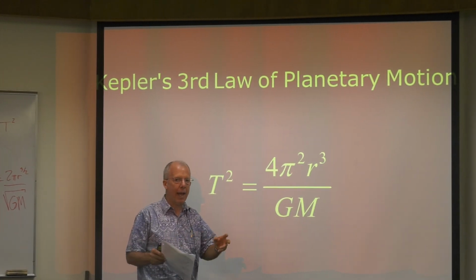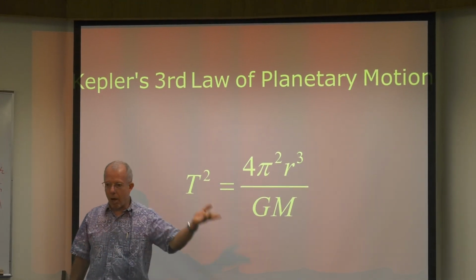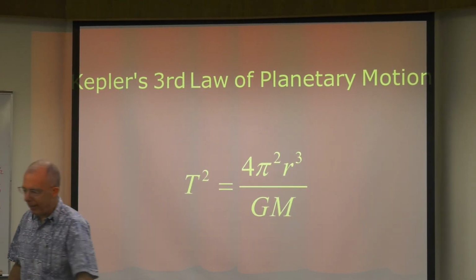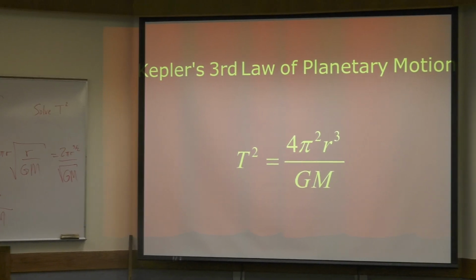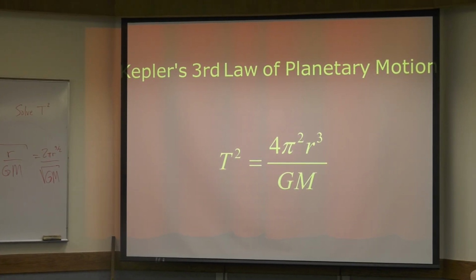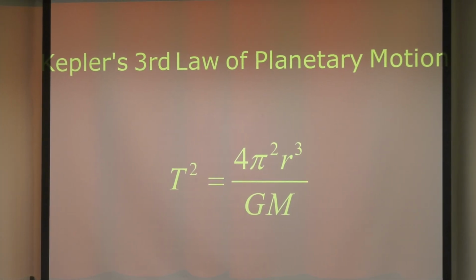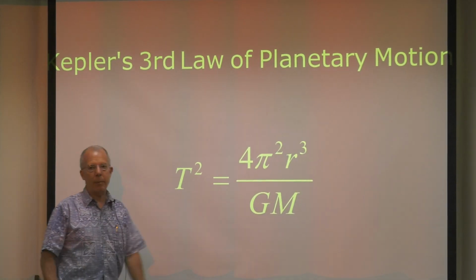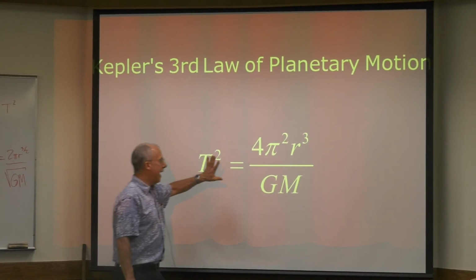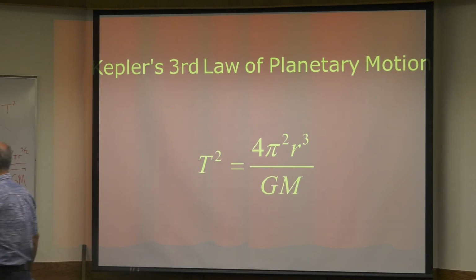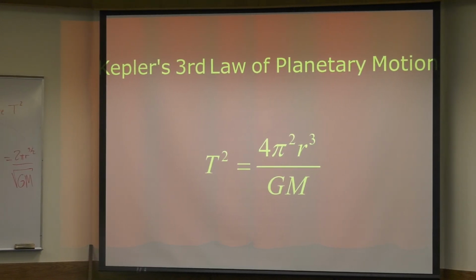So he just analyzed data and he came up with this. And then later on, Newton came along and he figured out Newton's law of gravity. It wasn't called that at the time, of course. And so you just use Newton's law of gravity and bingo, there it is. So that was kind of cool that they came up with the same equation, one using just data, Kepler, and this way just by using Newton's law of gravity.